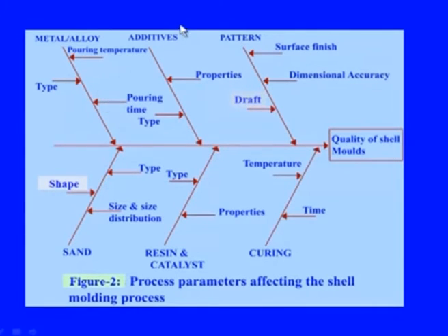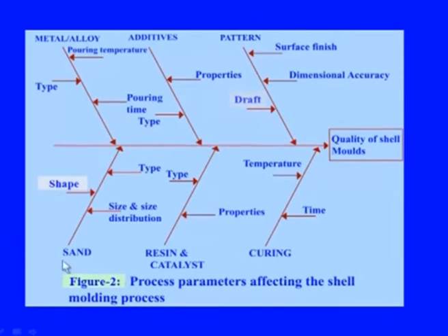Then another group is based on the additives, which includes the properties and the type of the additives. This ultimately affects the quality of the product being produced by this process. Then there are a few pattern based parameters, as you can see on the screen, like surface finish, dimensional accuracy of the pattern, and then draft.